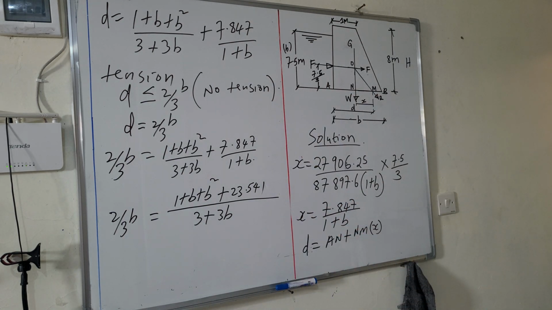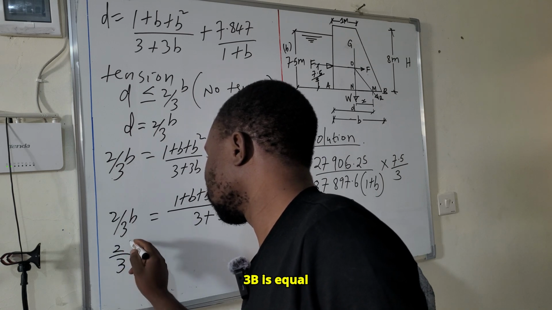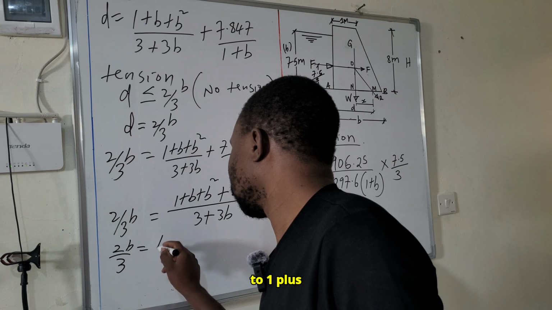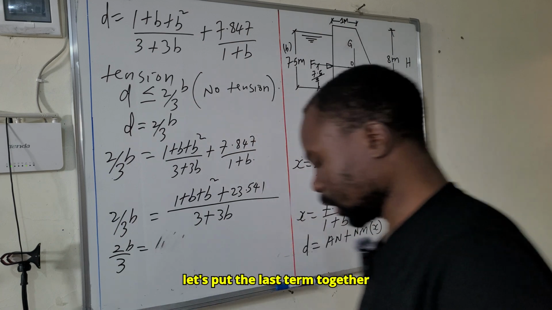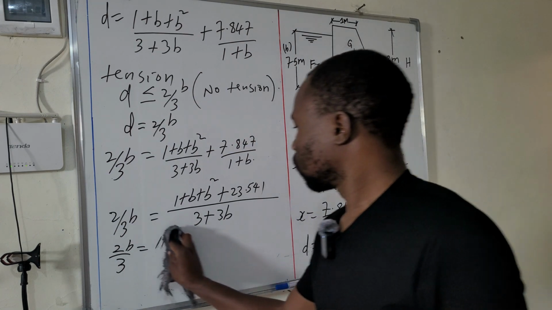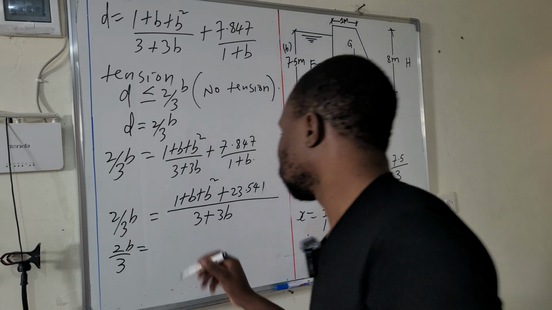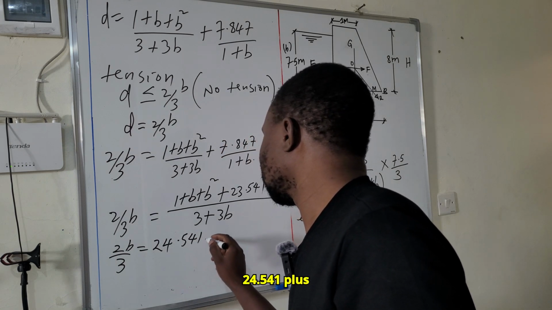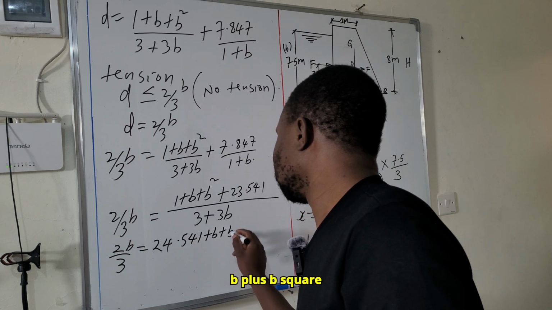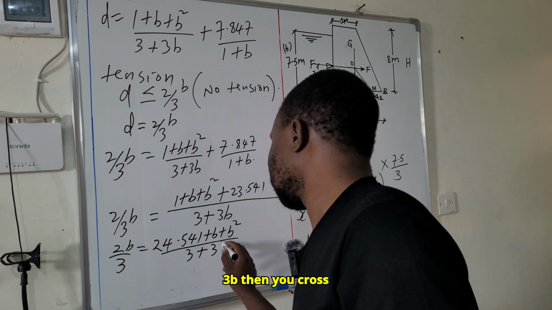Now let's cross multiply. So 2 over 3b is equal to 1 plus b. Let's put the like terms together. So we will have 1 plus 23.541, which will be 24.541 plus b square over 3 plus 3b.